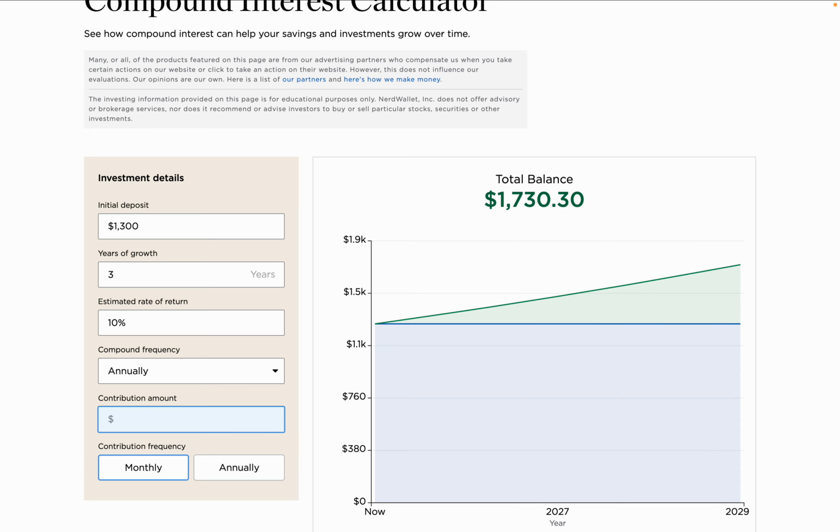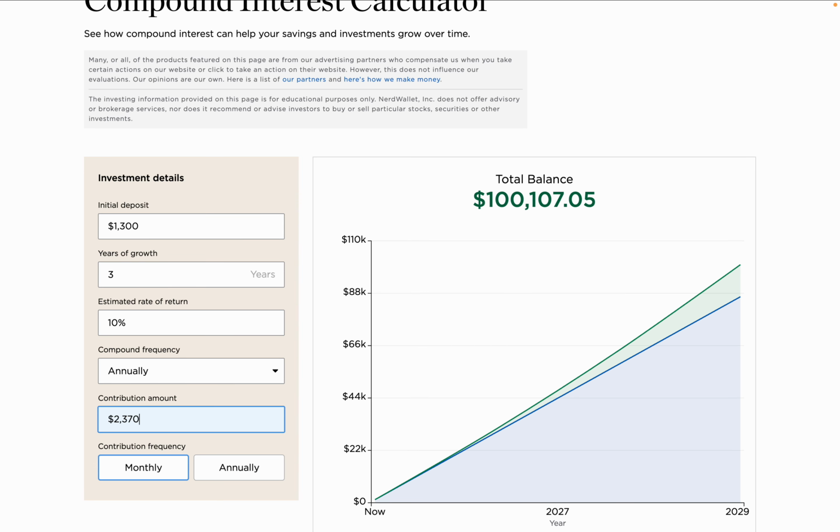All right, you will need about $2,370 per month invested to reach $100,000 net worth in 3 years. That's a very aggressive savings goal, but it shows just how much your monthly investment matters when you are working with less time.